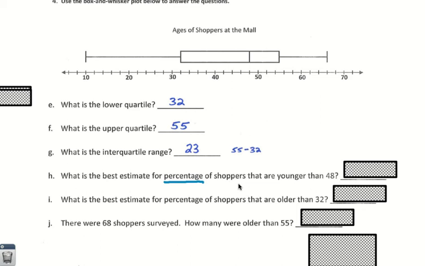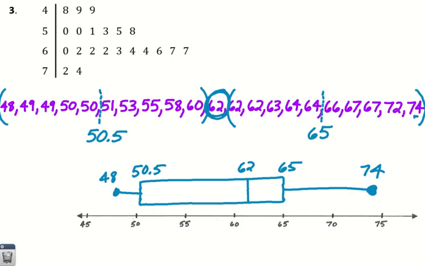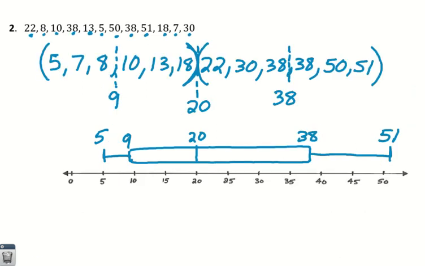Well, think about it, people. The median cuts the data in half, doesn't it? The median is the middle number. It cuts the data in half. Now, sometimes the median cuts the data into two equal halves.